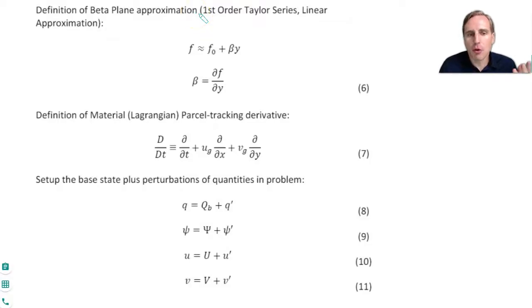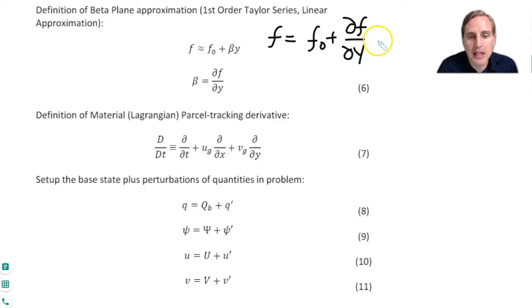Hopefully most of you are aware of what a Taylor series is. What we're saying is that if we approximate f near its particular latitude, we're just saying f is equal to f0 plus the derivative of f with respect to y, and then you multiply by y.